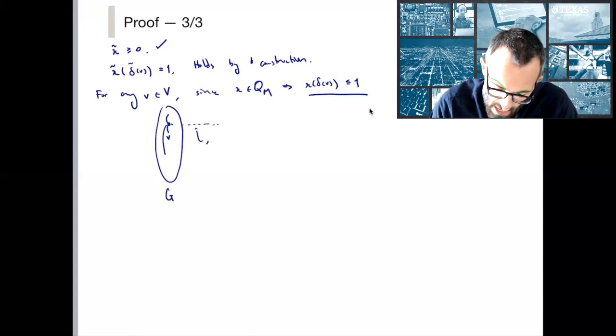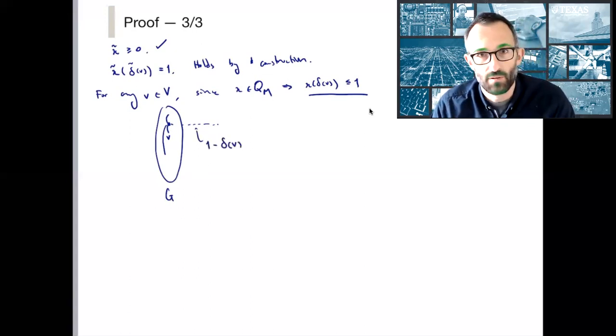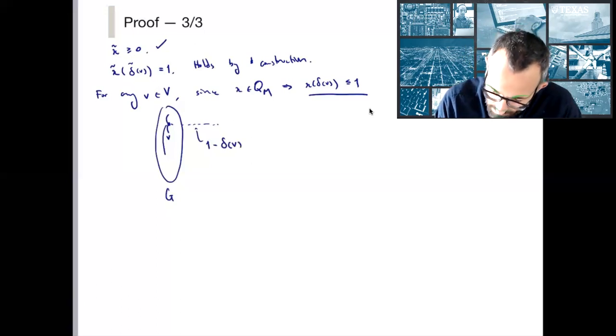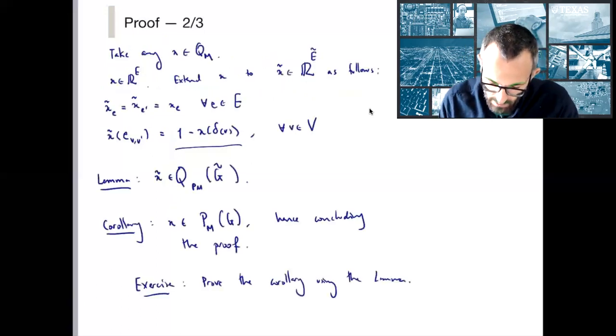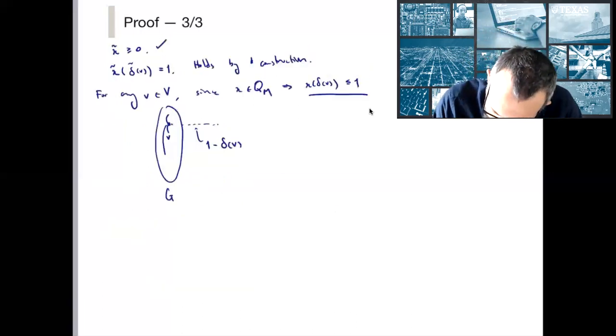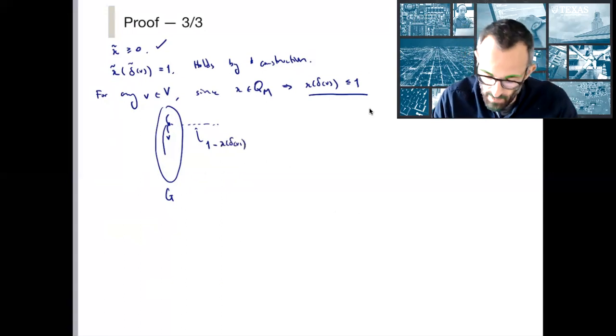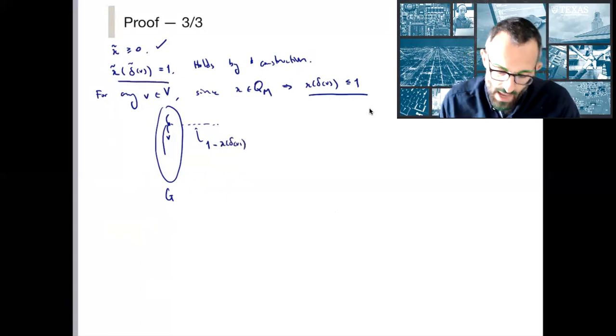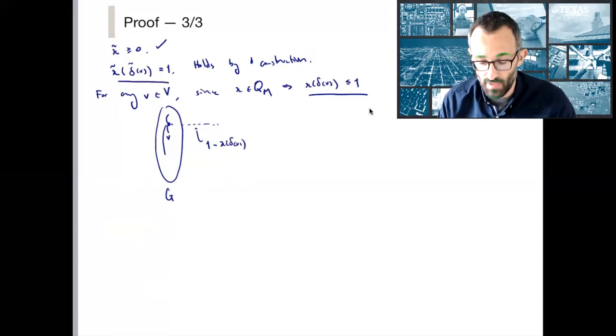The weight of this edge was exactly 1 minus x of delta of v. 1 minus x of delta of v was the x that I was missing. So by construction, therefore, x tilde of delta tilde of v equals 1.